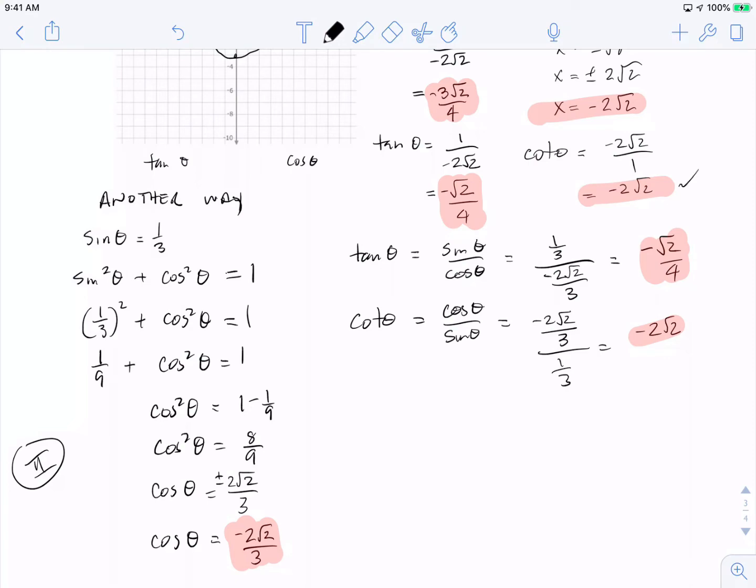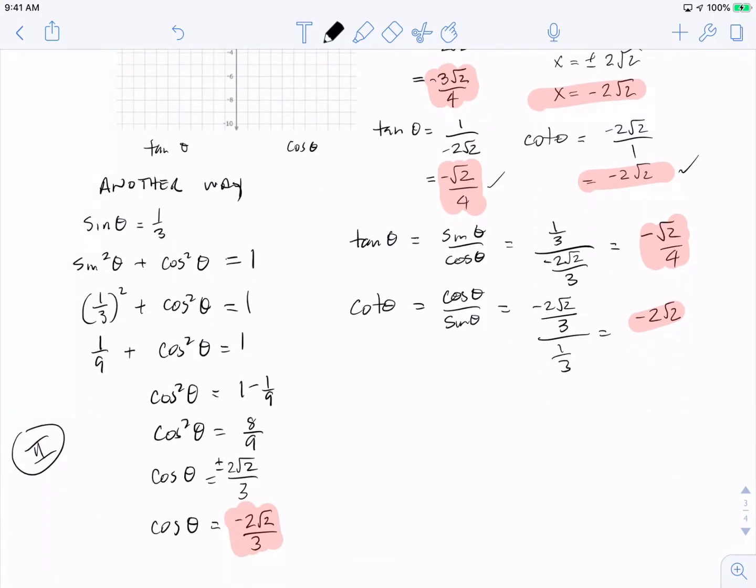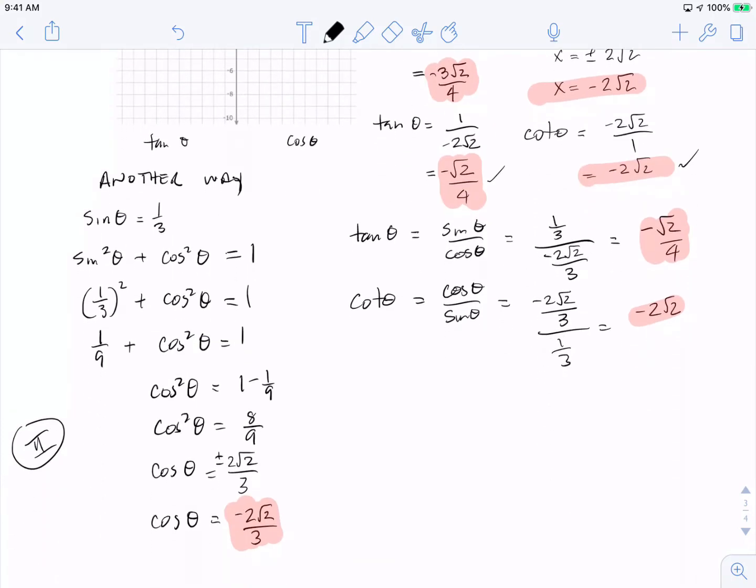So yep, that's good. We got that one. Oh, I forgot to do the easiest one. The easiest one is cosecant theta, which is simply 1 over sine theta. So that's the same as 1 over 1/3. We multiply by the reciprocal and we get 3. And indeed we get 3.